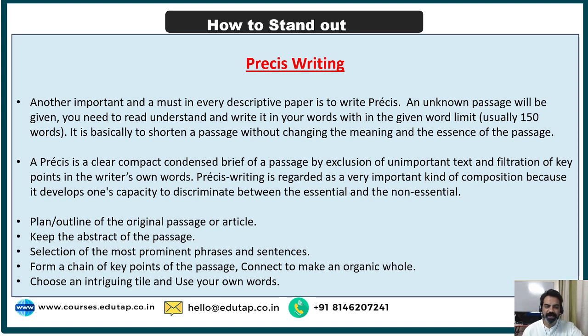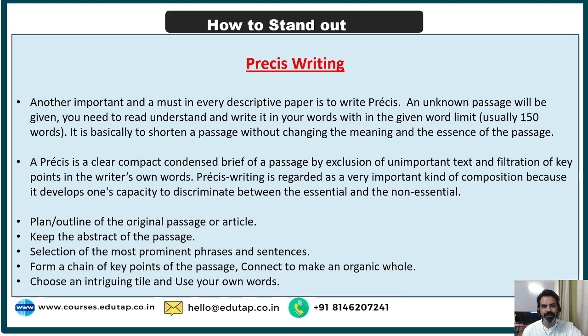Then keep the abstract of the passage. So guys, do not take facts, data, numbers and statistics from the passage in a Precis. Only keep the core element, what has been tried to convey. I'll give you an example: if they have said 1.6 million children die every year due to malnutrition in India, what you should keep is that the number of cases of malnutrition is very high, specifically in developing countries like India.